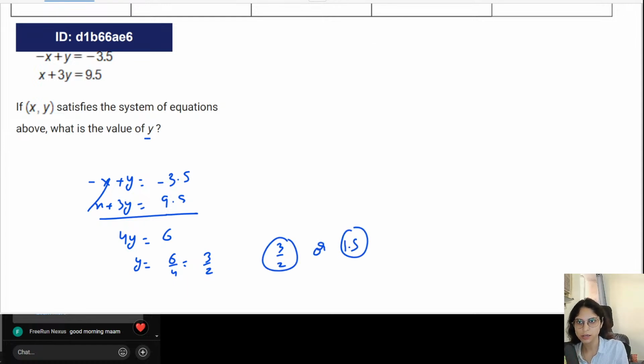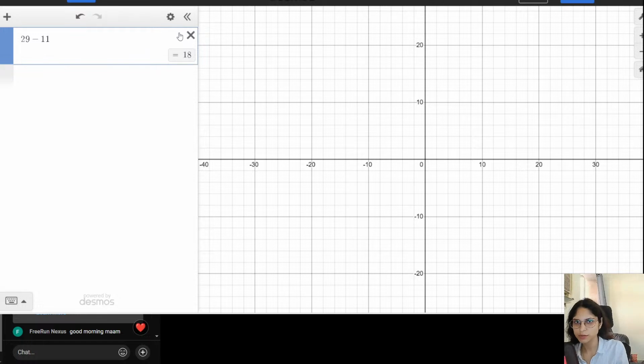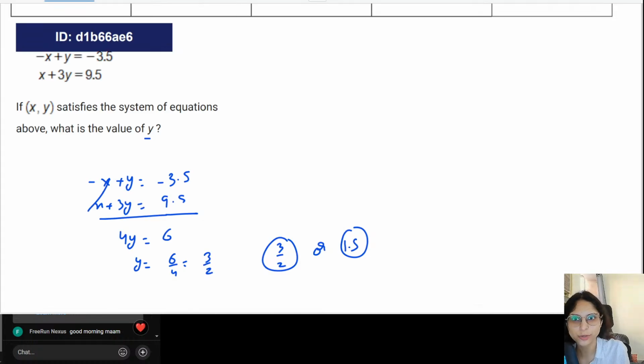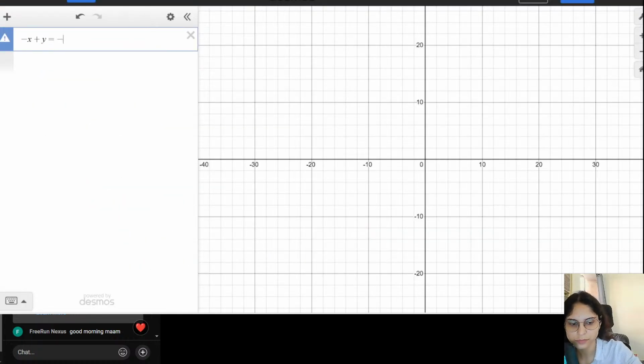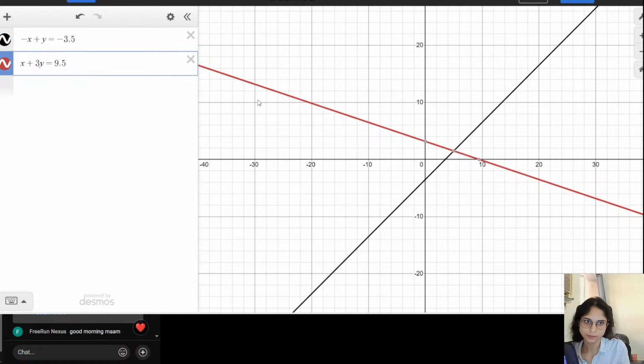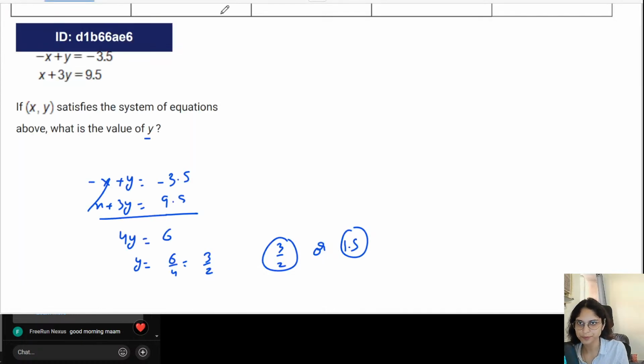Doesn't matter. Desmos you can always use, but there was no need to use Desmos here. Finding was easier because typing is also going to take a lot of time. 1.5 is the y value.